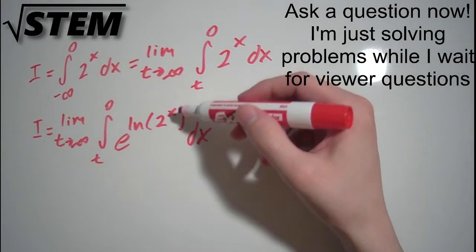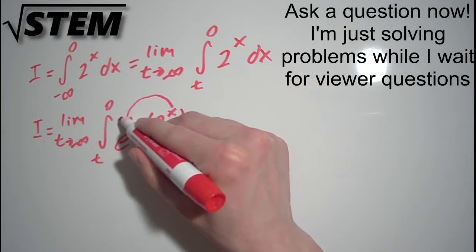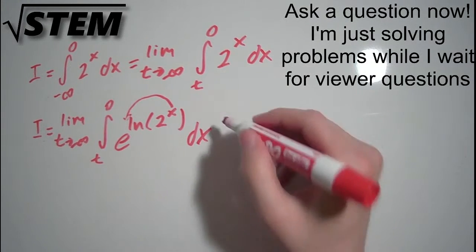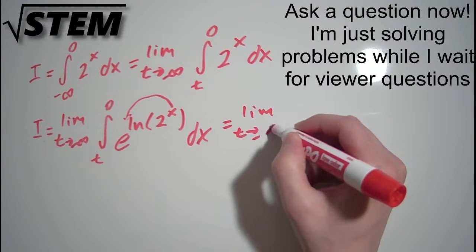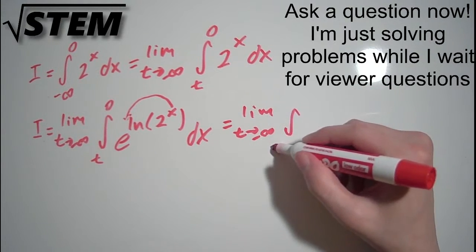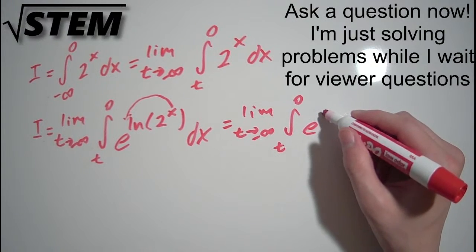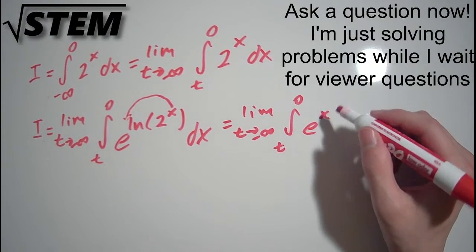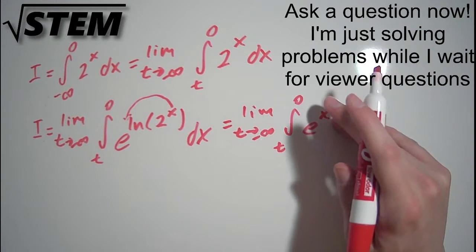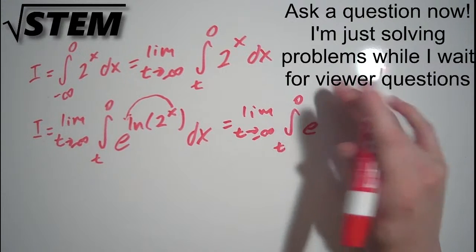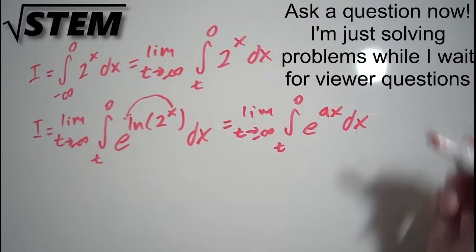But what this lets us do is bring the x outside, so this is really e to x times the natural log of some stuff, which I'm just going to call a, e to the ax dx.